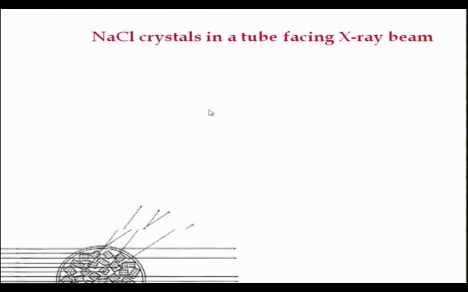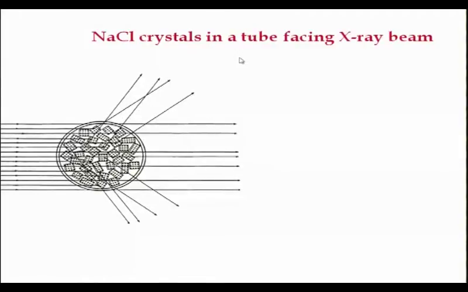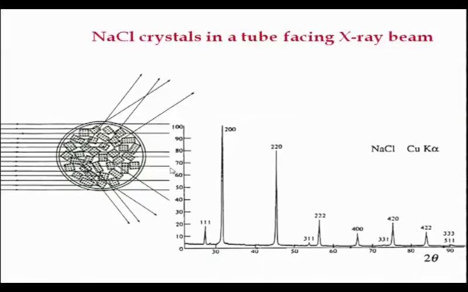This is, for example, for sodium chloride crystals. This is sodium chloride salt powder in a tube exposed to X-rays, which are diffracted in various directions, and what you get is a pattern like this. On the y axis you have intensity, because X-ray is a photon, right? So, it is the number of photons collected by the detector, this is 2 theta, and you have these peaks.